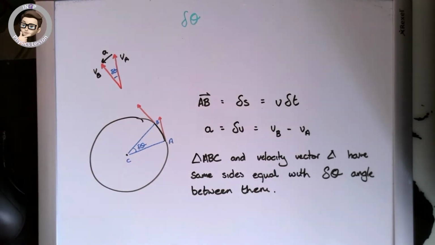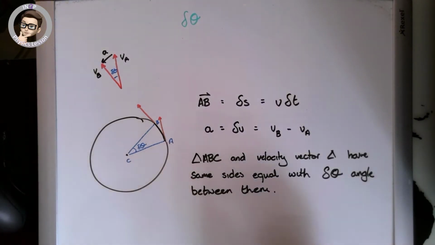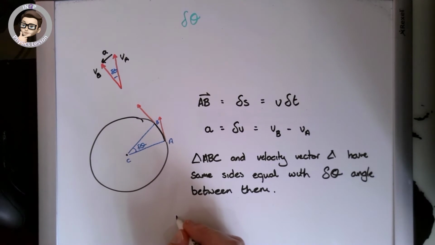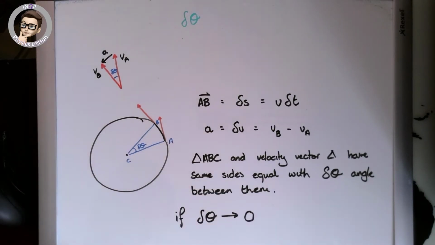Okay, so now let's go and do the kind of complicated bit, something a bit more complex. Let's now imagine, as I've always said, we physicists like to see what the limits are. So if delta theta tends towards 0, what's going to happen?